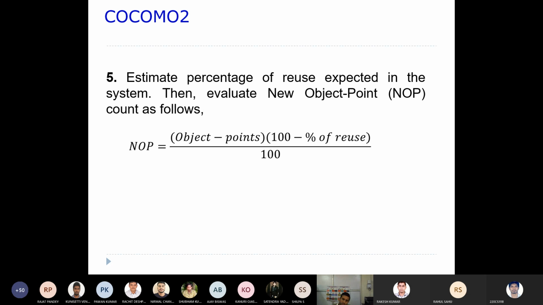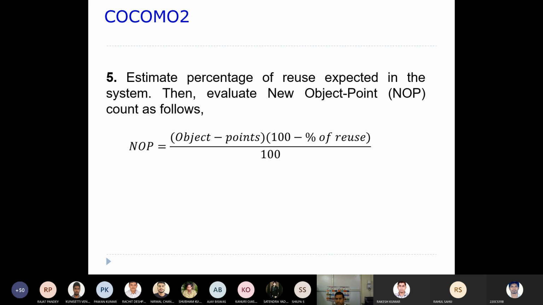So how will the new object point be calculated? The total number of object points that you obtained in the fourth step is multiplied by 100 minus the percentage of reuse. Let's say you want to reuse 40%.